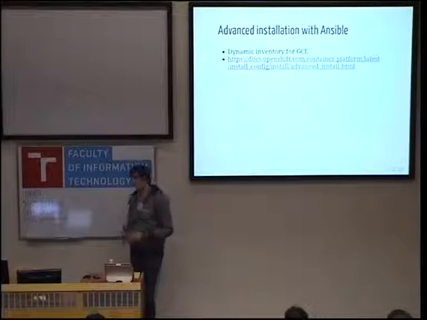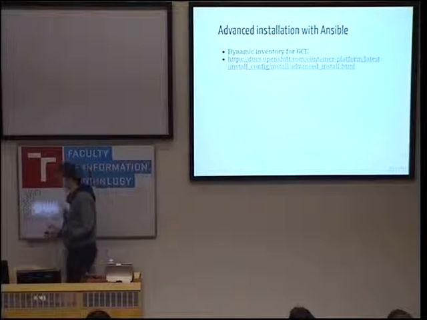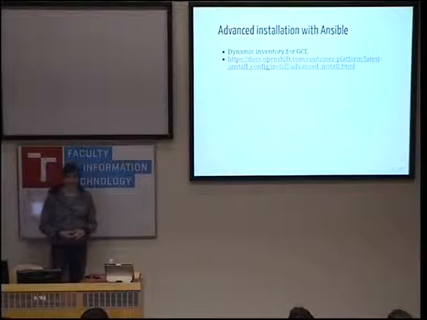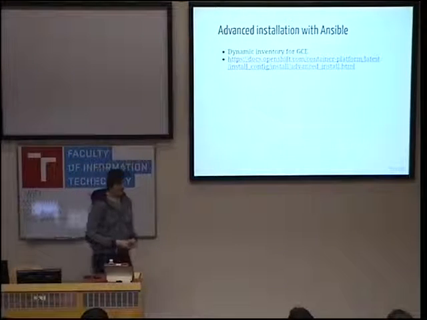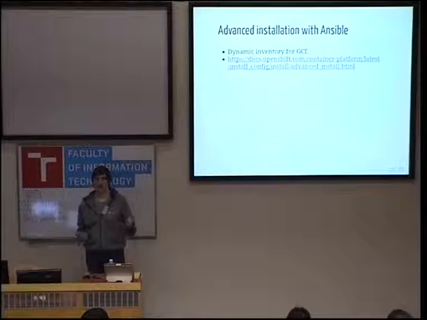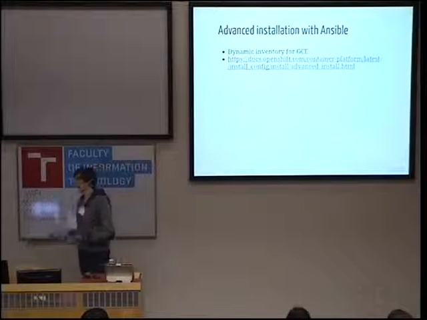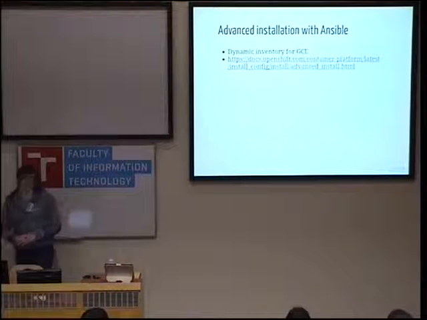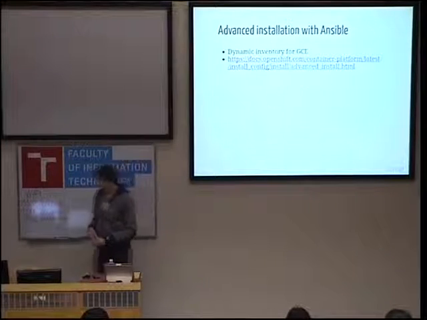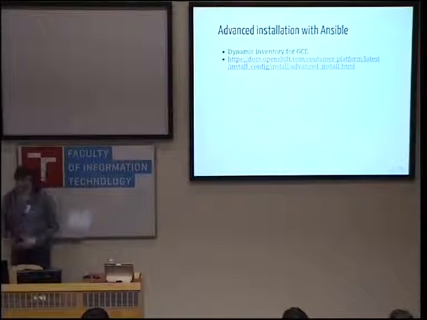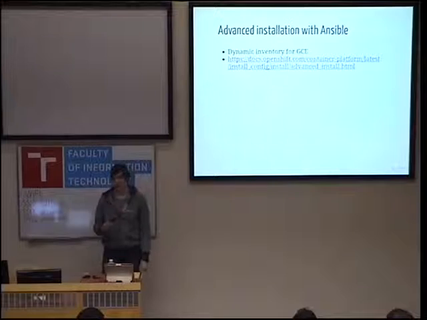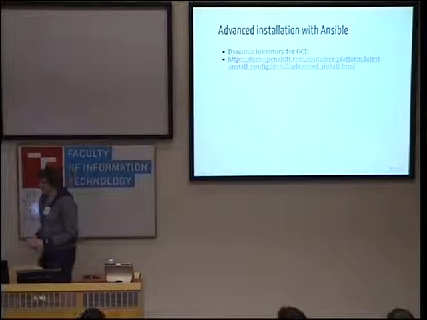So we appropriately tag every instance, whether it's a master, an infrastructure node or an application node. So advanced installation can automatically recognize all the instances, and it can pretty easily deploy master services to masters and so on. So basically that's it. We just provide a configuration file for the installation and it's done. We don't do anything special with that.